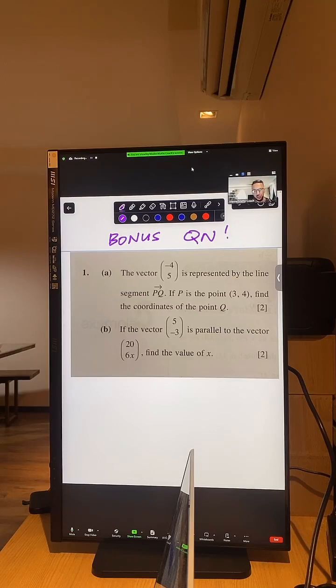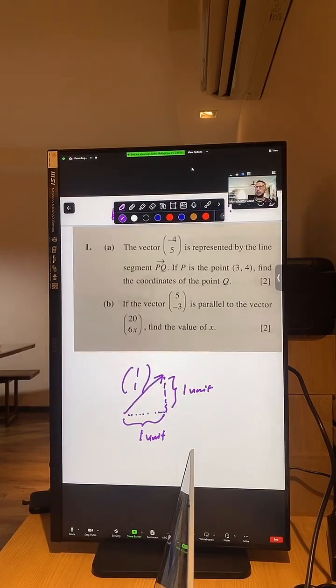It looks something like this, an arrow basically. Assuming this is 1 unit, and this is another 1 unit, your vector is (1, 1), like that. So (1, 1) means one unit to the right, one unit up.